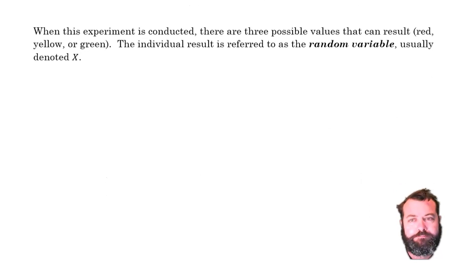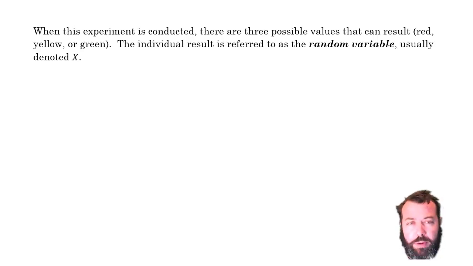Moving along now. When this experiment is conducted, those values that can result are red, yellow, or green. Now, when we say the collection of those results, what they could be, they're going to be our values. But what is an individual result? We want to make a fine distinction here between what could happen and what does happen.